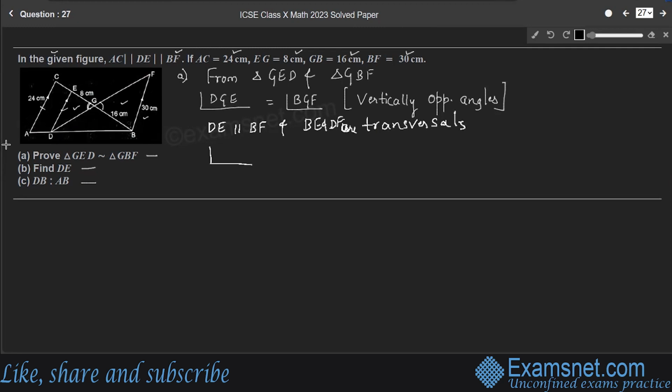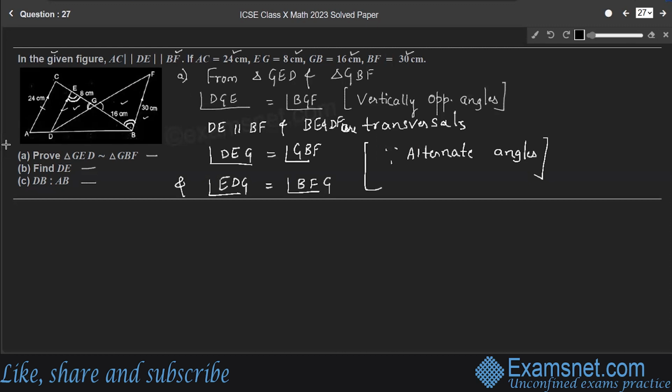Therefore, when a transversal cuts a pair of parallel lines, the alternate angles are equal. Here the alternate angles are DEG equal to GBF, and angle EDG is equal to angle BFG. Reason is alternate angles.